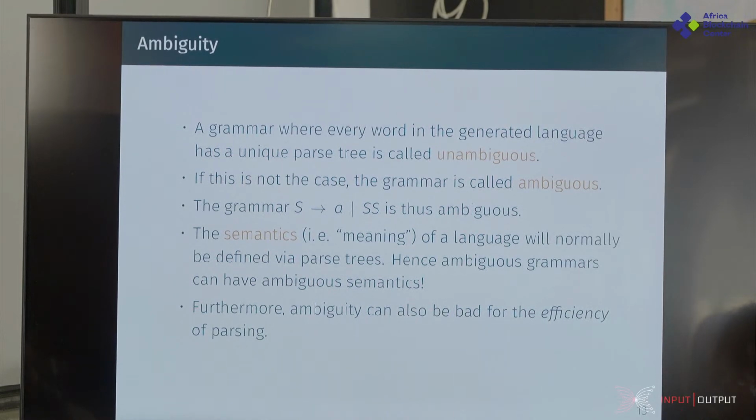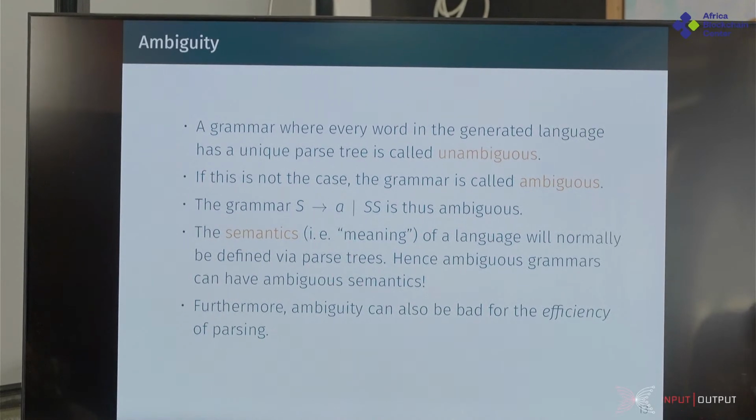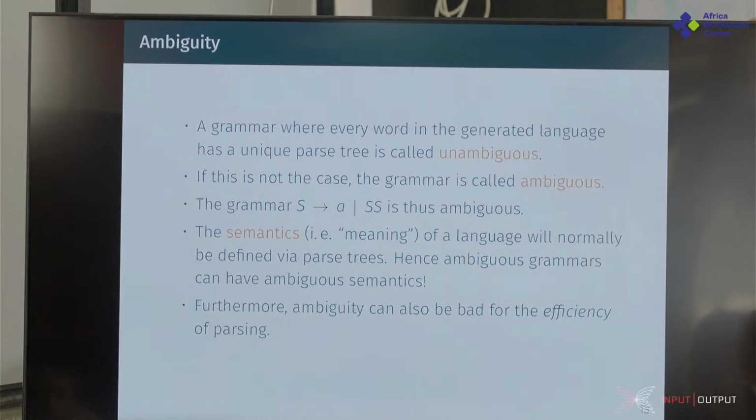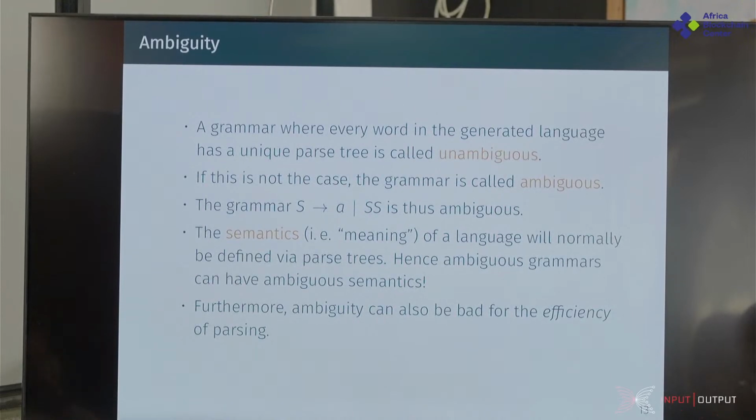We will see examples of that later, which means that if you have an ambiguous grammar, then for the same word there can be different parse trees, so there are different meanings. That sounds dubious, so normally grammars should ideally be unambiguous, because otherwise you have this ambiguity.